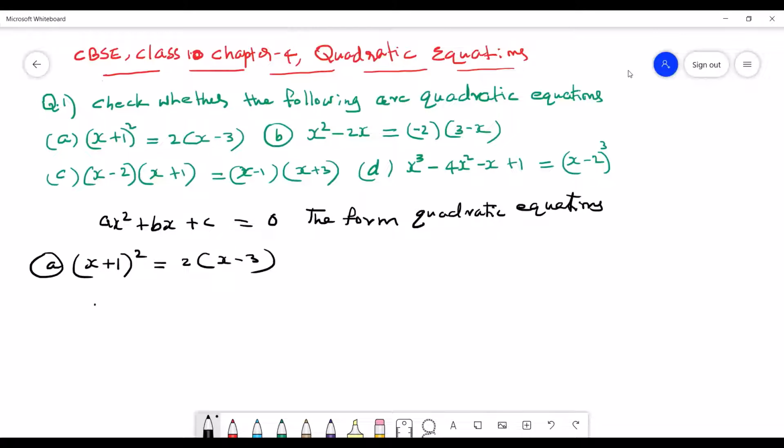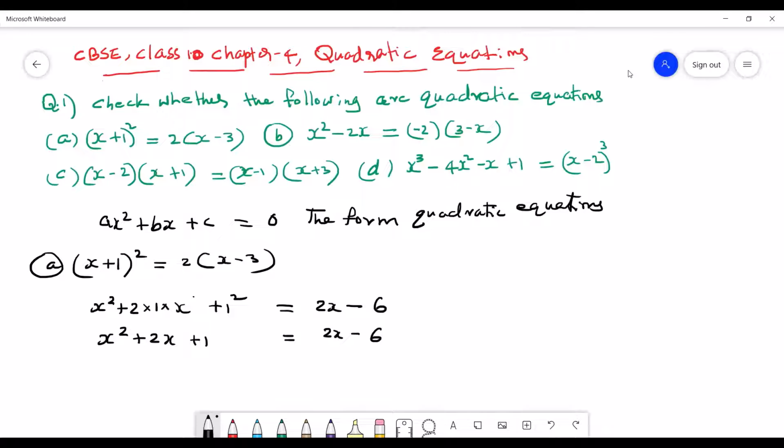On the left side it will be x square plus 2 into x into 1, plus 1 square. And on the right side, 2 into x is 2x, and 2 into minus 3 is minus 6. Then this will come as x square plus 2x plus 1 is equal to 2x minus 6.